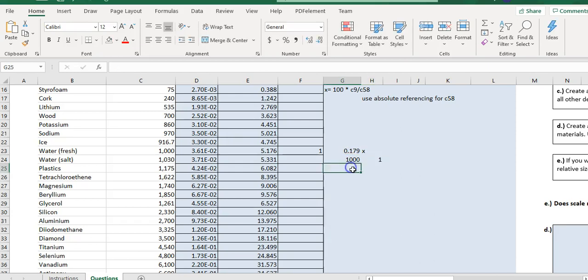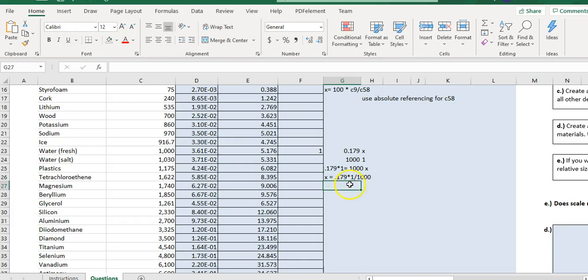So then when I cross multiply, I get 0.179 times 1 equals 1,000 x. And then for my next calculation, it's going to be x equals 0.179 times 1 divided by 1,000.